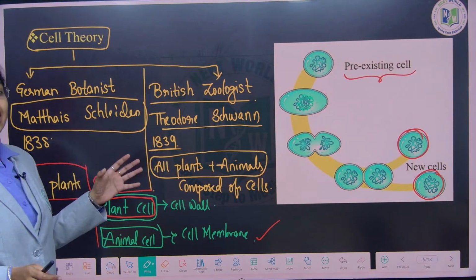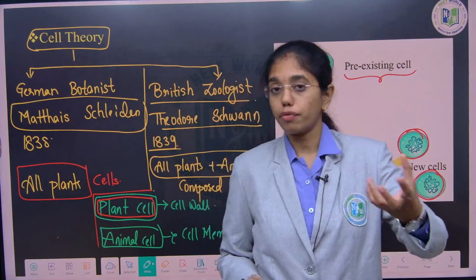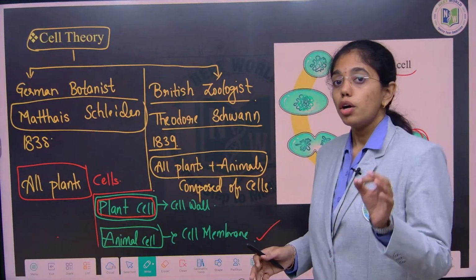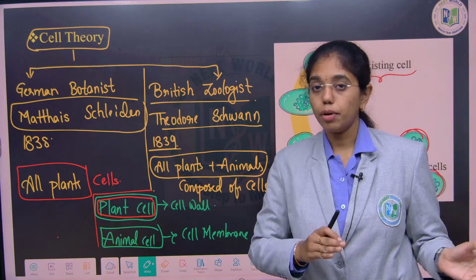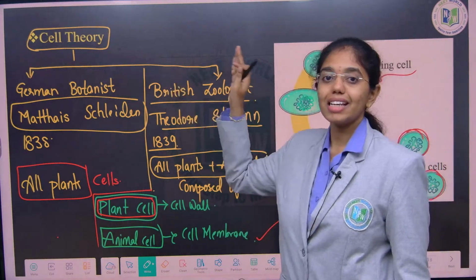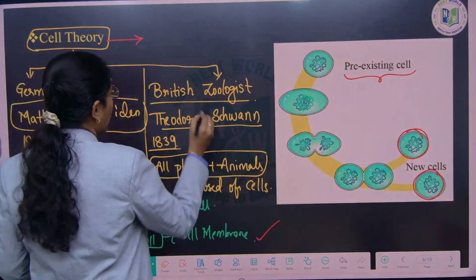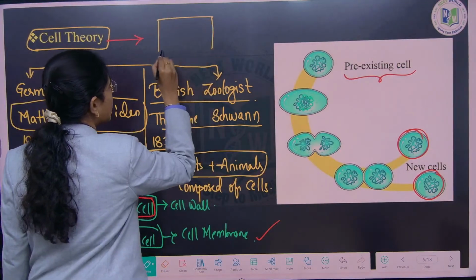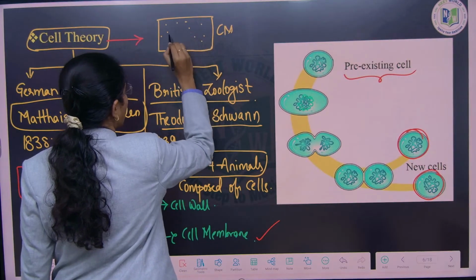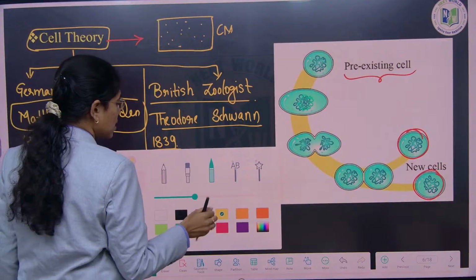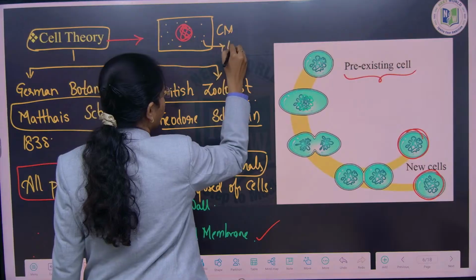Now, cell theory is not applicable to few living entities. Okay, to few cells or few organisms, cell theory is not applicable. To know to which organisms cell theory is not applicable, you have to first know that cell theory is applicable to only those cells which have a cell membrane, cytoplasm and nucleus at the center.